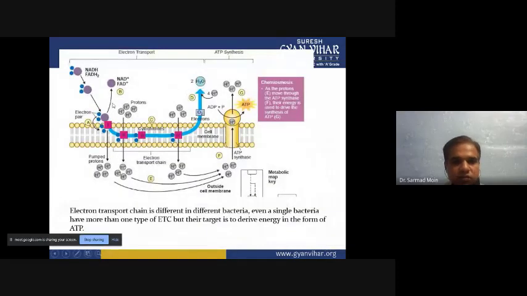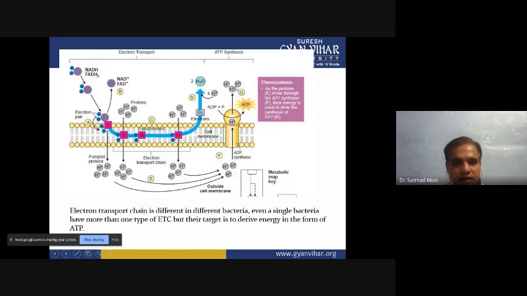So here is the electron transport chain. If you see the NADH which is coming from the Krebs cycle, it will be captured by the various enzymes present in these very small proteinaceous molecules in the plasma membrane, and through successive hydrogen proton insertion from the outer membrane to the inner membrane, it will convert into water.